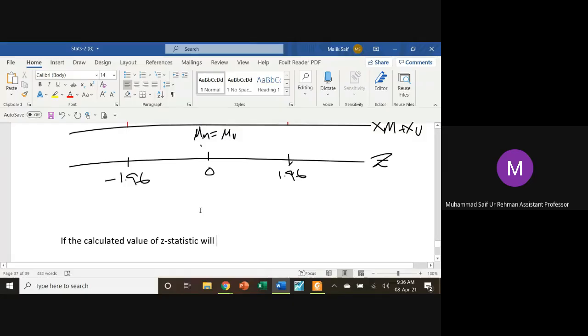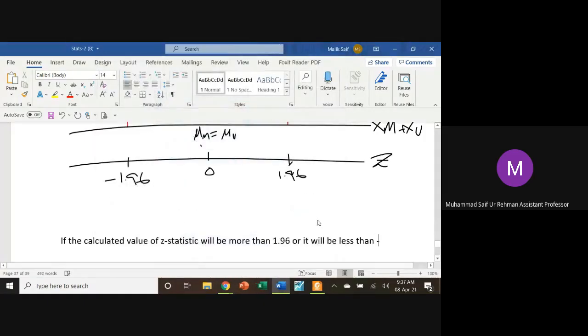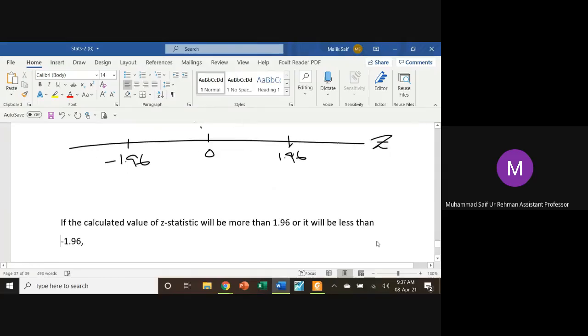will be more than 1.96, or it will be less than minus 1.96, comma, we would reject H naught.